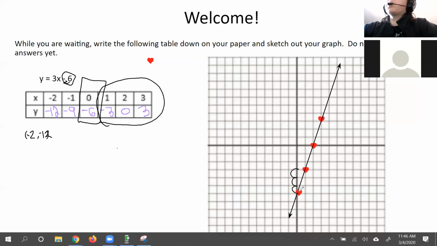So we go up 3 and right 1 to get to that next point. Or that's the number right in front of the x. So my slope is 3. And every whole number has a 1 in the bottom. So good. Good, good. Okay.